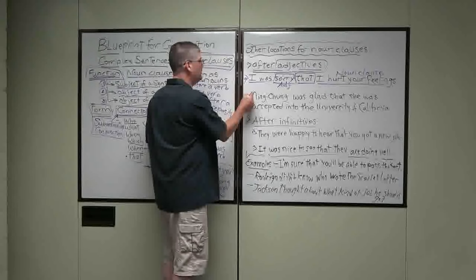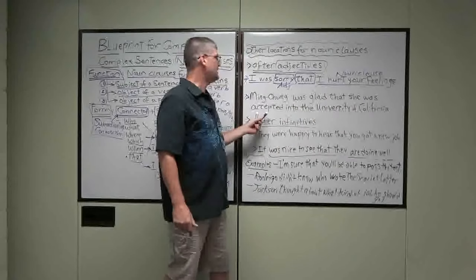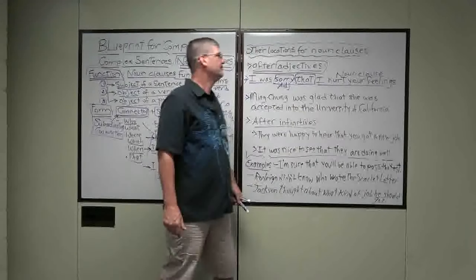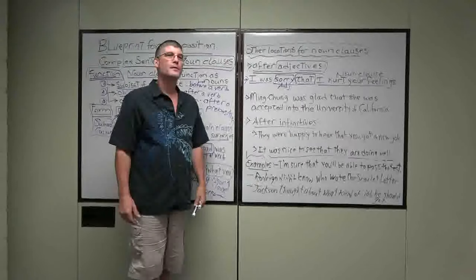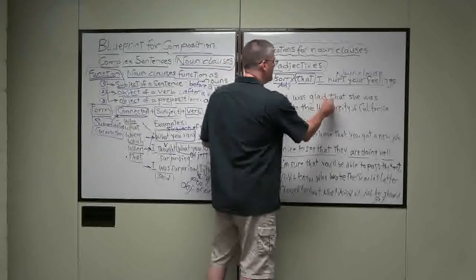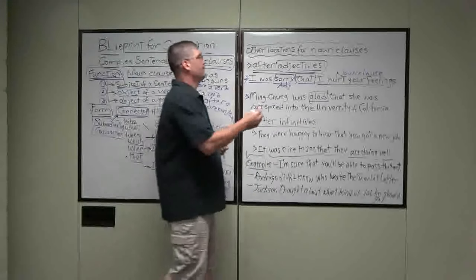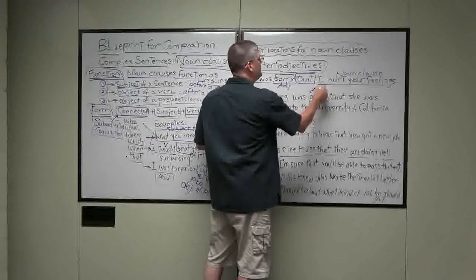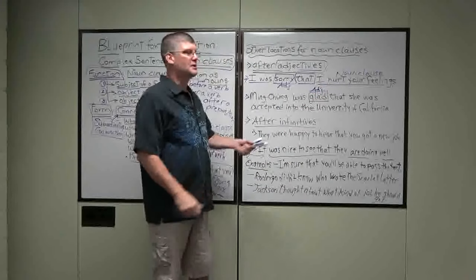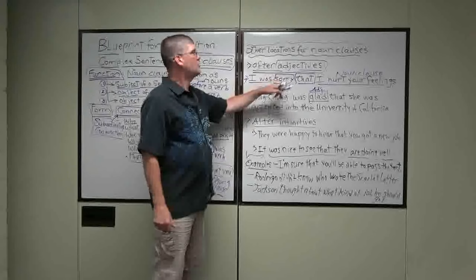Let's look at the second example. It says, Ming Chung was glad that she was accepted into the University of California. So where's the adjective in this case? The adjective is right here, glad. Glad is an adjective that describes someone's feeling the same way that the word sorry describes someone's feeling. So it's a descriptive adjective here.